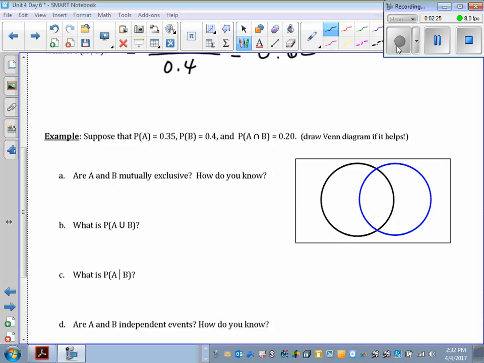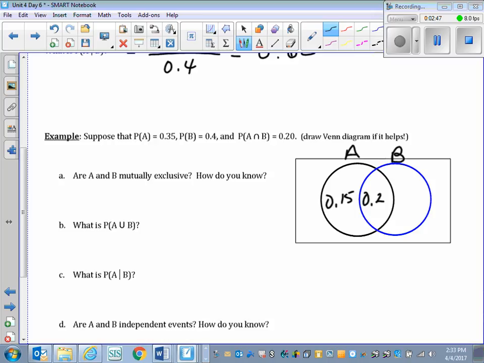So, suppose the probability of A is 0.35, the probability of B is 0.4, and the probability of A and B is 0.2. If we do the Venn diagram first, there's an overlap of 0.2. So this is A and this is B. Only A is going to be 0.15.